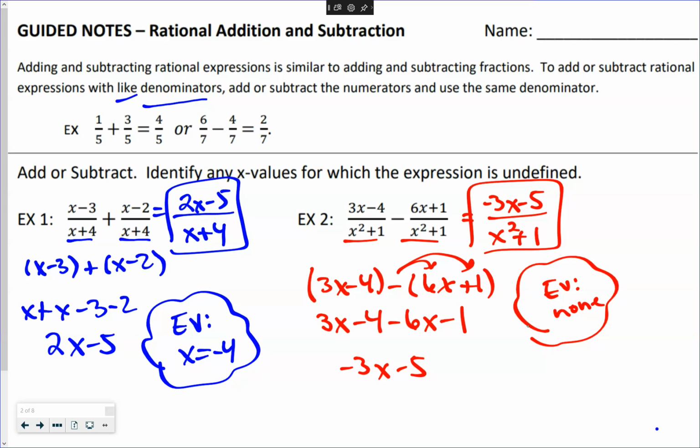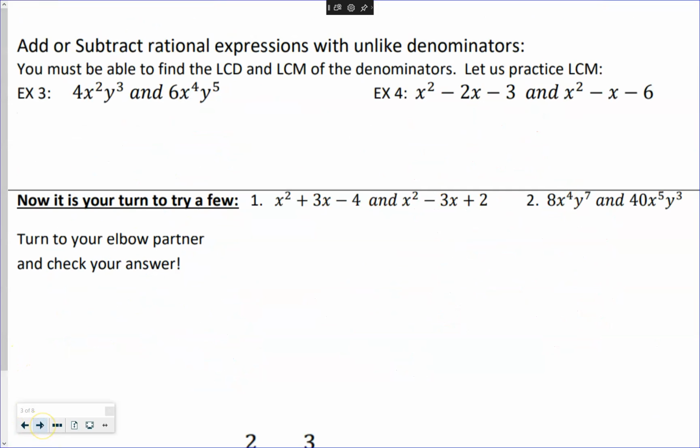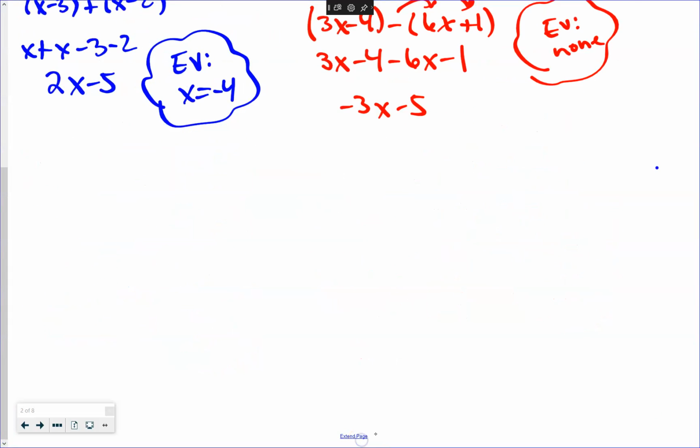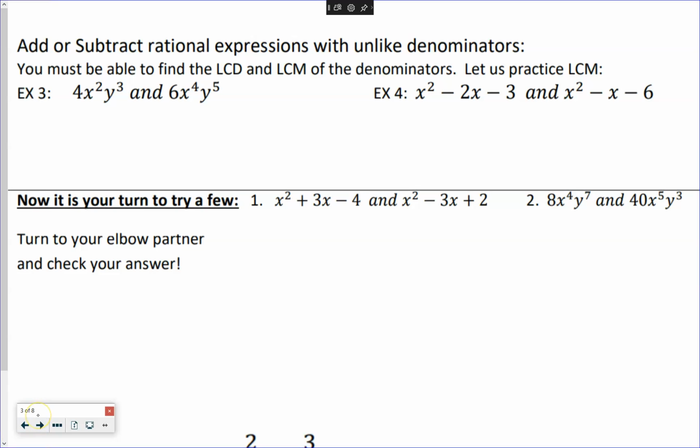So now we've seen what to do when my denominators are the same. What would you do if they were different? If they were different, we would have to find a least common denominator or a least common multiple.